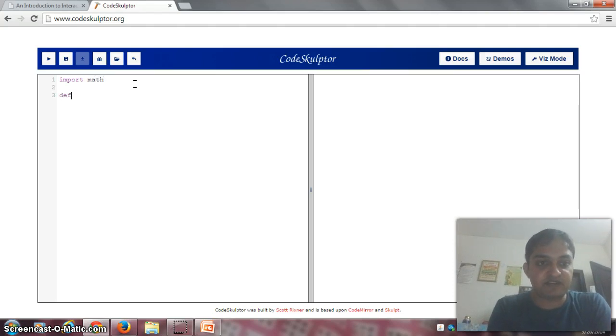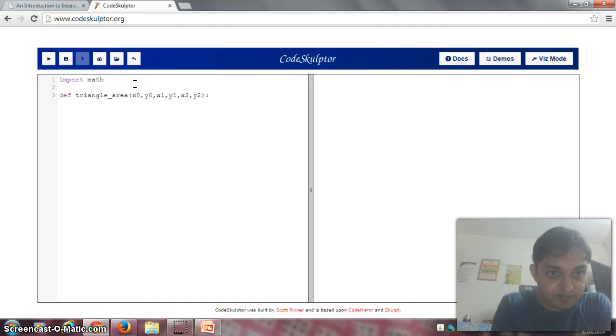Now let me define a function named triangle area with coordinates of all the 3 points x0, y0, x1, y1, x2, y2. Now let us put a comment here, doc string for the function.